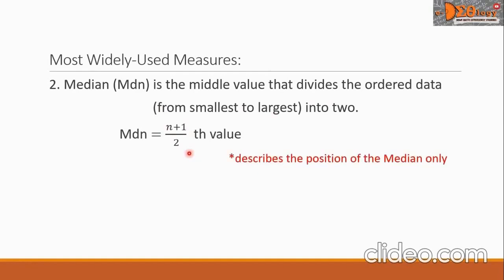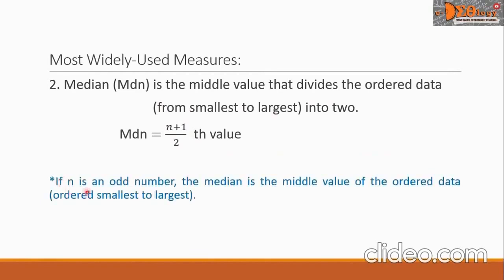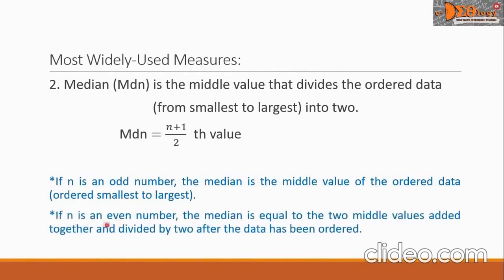But take note that this formula will only describe the position of the median. If n is an odd number, the median is the middle value of the ordered data from smallest to largest. If n is an even number, the median is equal to the two middle values added together and divided by 2 after the data has been ordered.